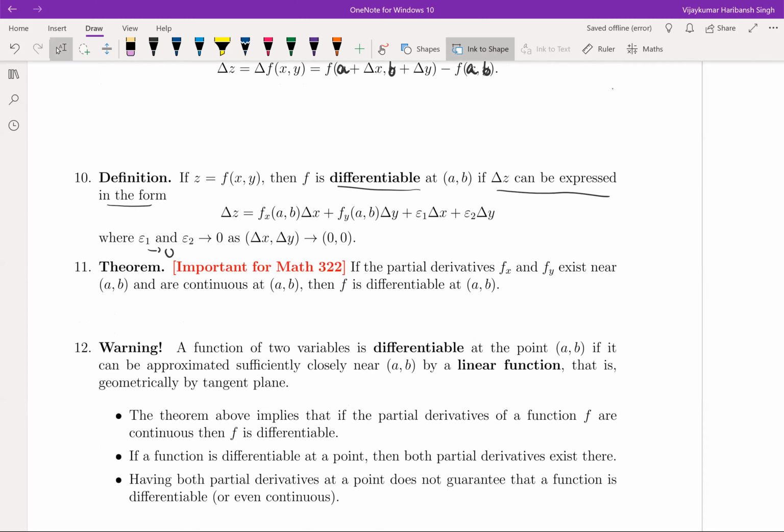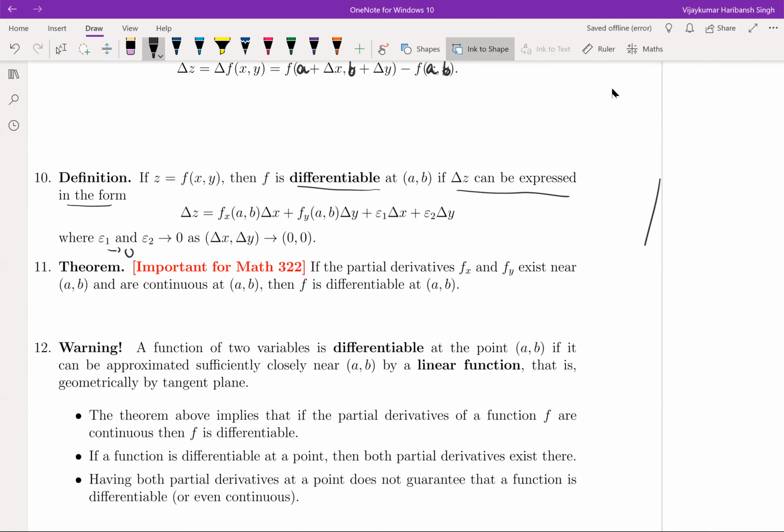In some sense, if you look at the following surface, which is given by some kind of a cone structure, and you draw a tangent line at this point, it is not a good approximation for the function value at other points, right?